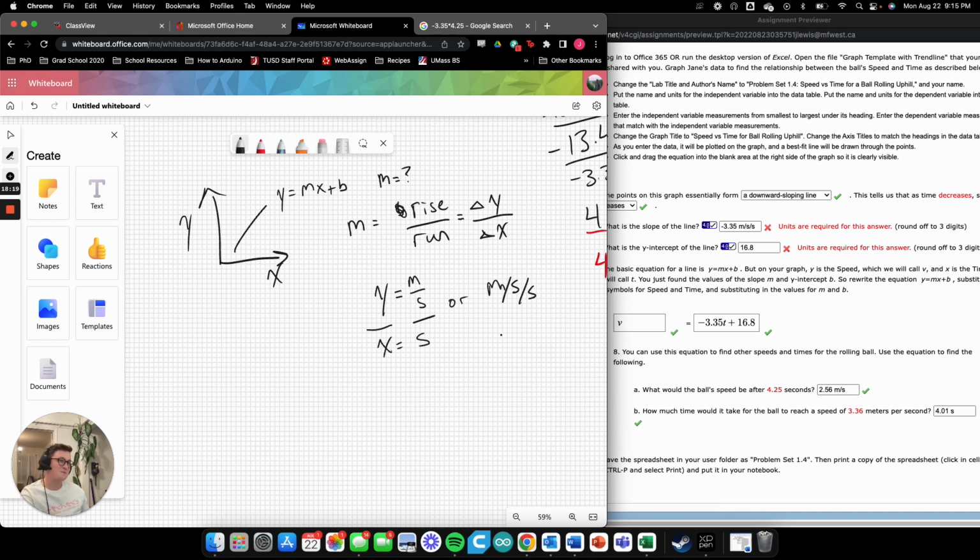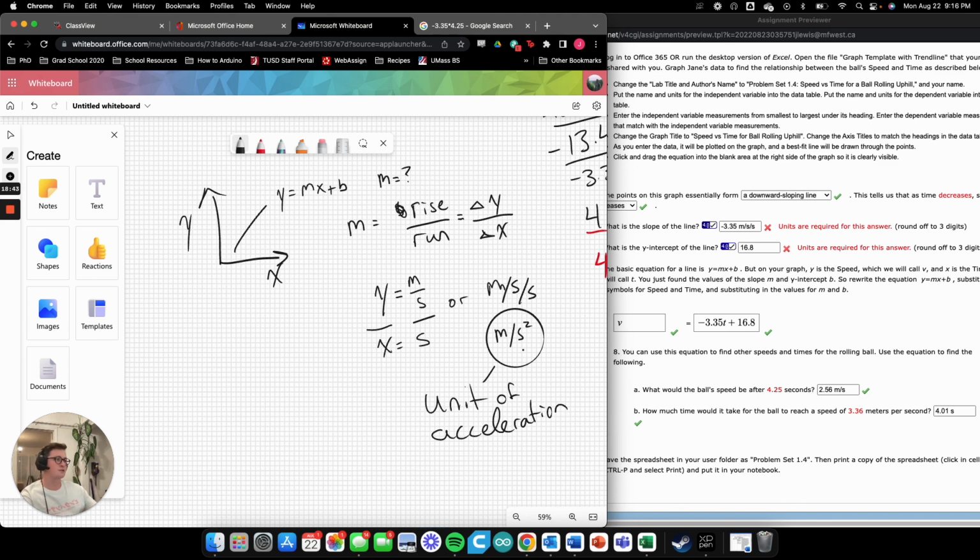Another way to write that would be meters per second squared. This is a very common unit. This is the unit of acceleration, or the change in speed.